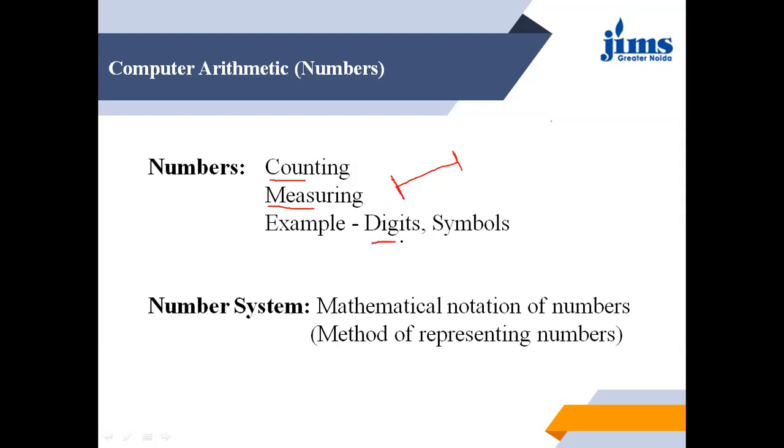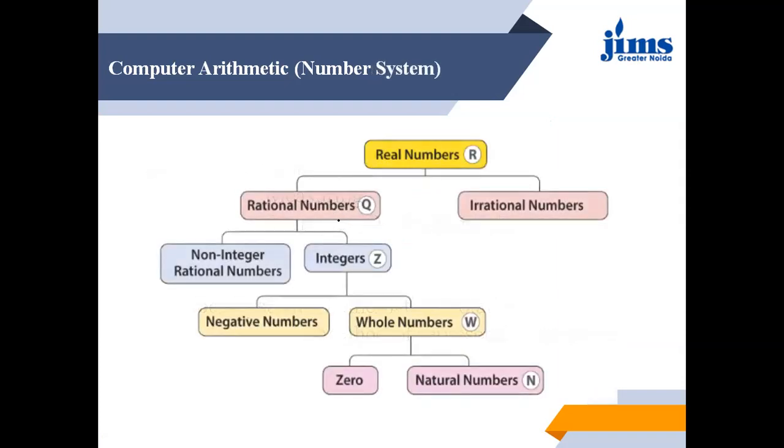Digits and symbols are used for the number system. The number system is a method of representing numbers, a mathematical notation for representing numbers. So numbers are used to count or measure, whereas the number system is the method of representing different numbers.